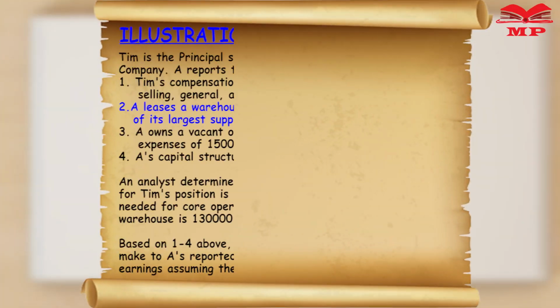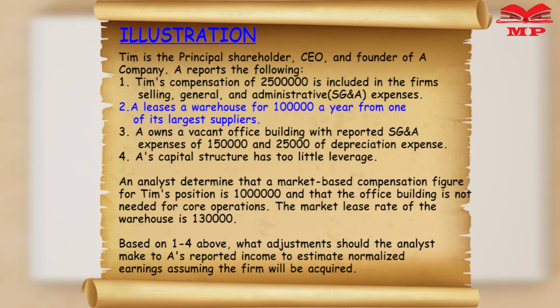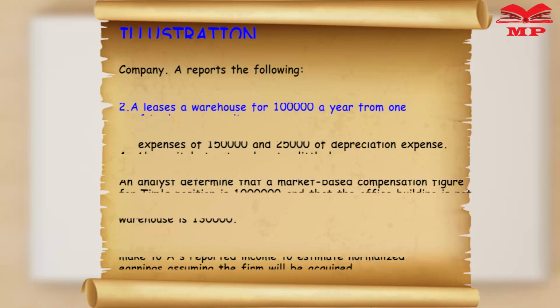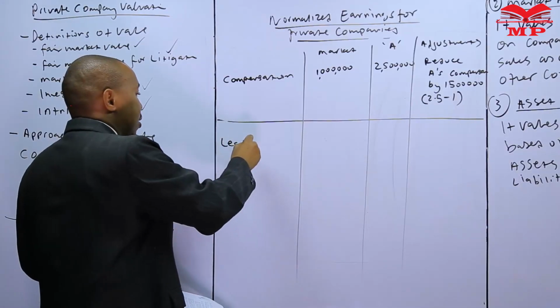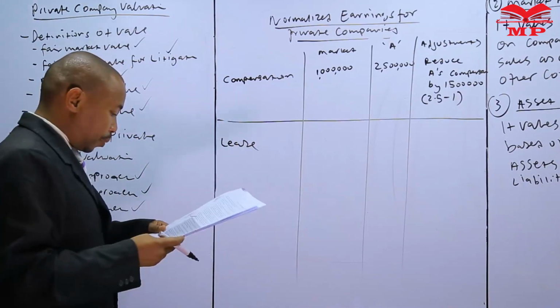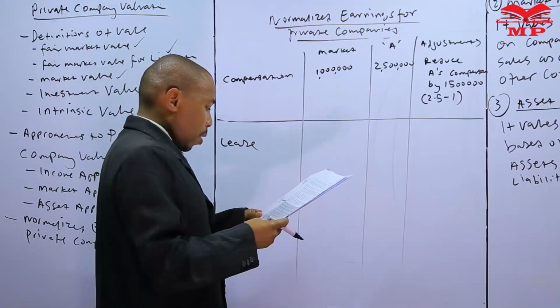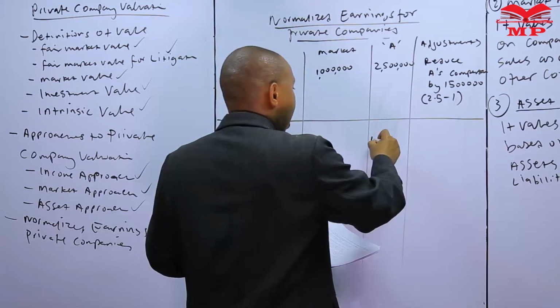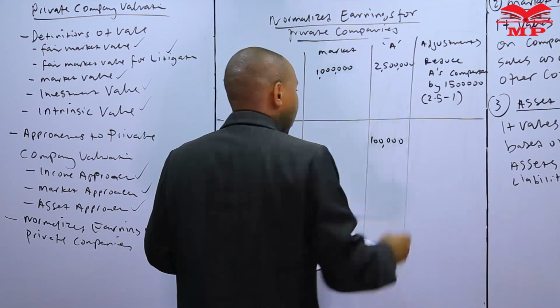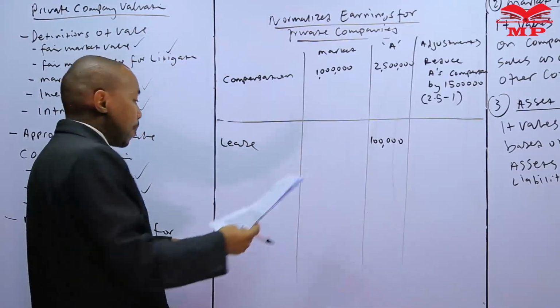That is compensation. Number 2 says what? A leases a warehouse for 100,000 a year from one of its largest suppliers. So, lease. Now for A, we are saying here it's 100,000. How about for the market?